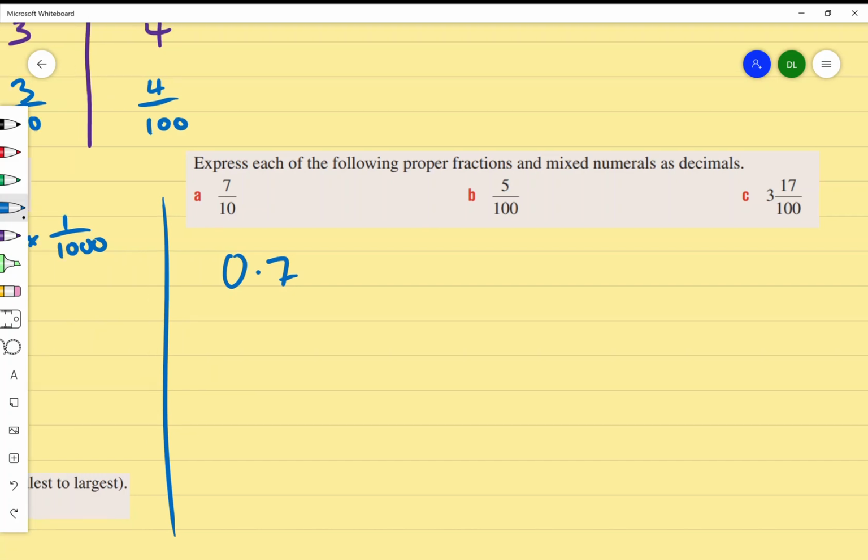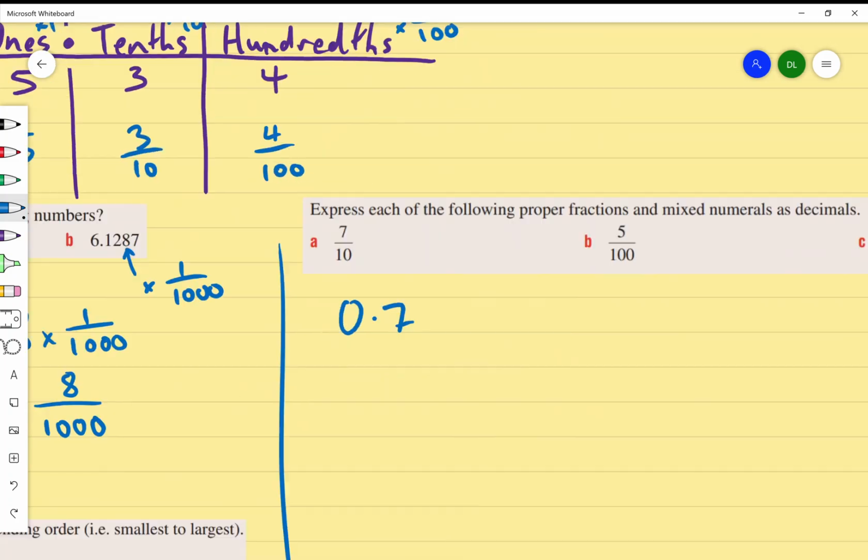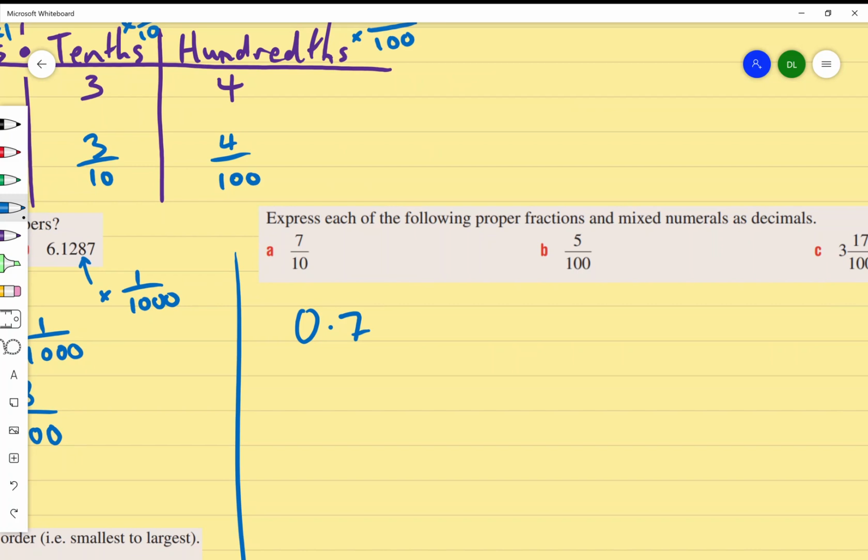Good. If I go back over here, we know that the tenths is in the position after the decimal place, right? So I know that 7 tenths would go, or 7 would go in the tenths position. Let's do this one, for example. 5 over 100.